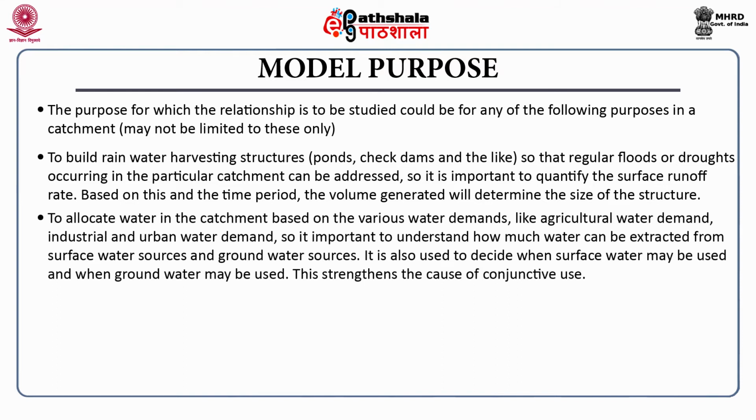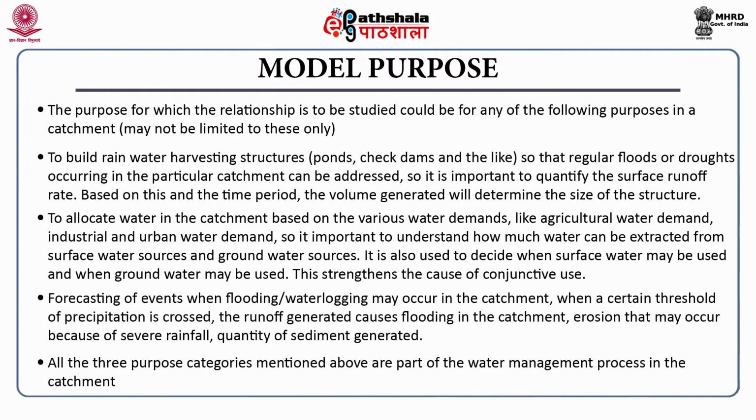If we want to find out how much rainwater can be harvested within the catchment, the kind of modeling that we will do will be different from that which we will do when we want to allocate reservoir waters between complex water demands. And of course, we also want to understand whether our model is going to be used for forecasting purposes as well. So what purpose we are going to use our model for is extremely important to dwell upon.